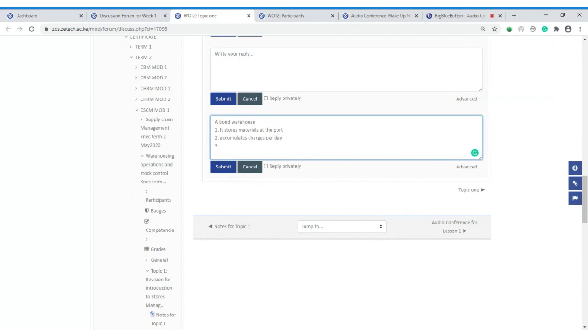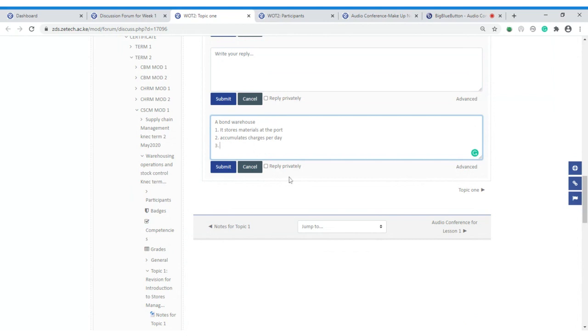However, for public warehouses, the charges accumulate based on what you had agreed with the person you entered into a contract with. If the materials will be stored for 3 days, after 3 days you just enter into a new contract, not per day.